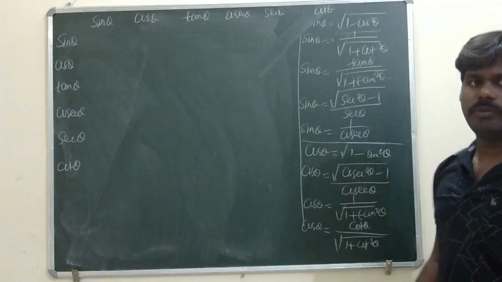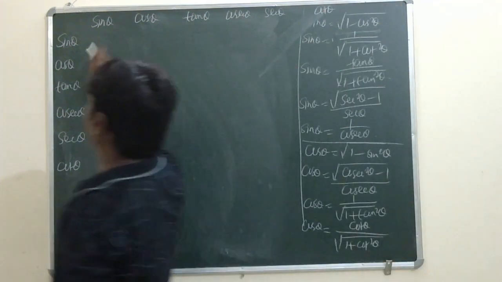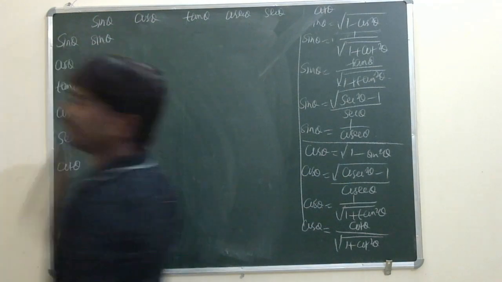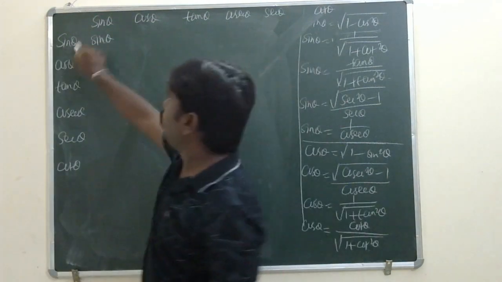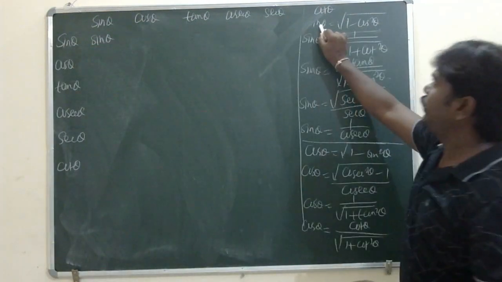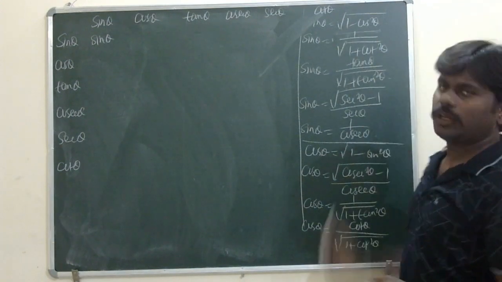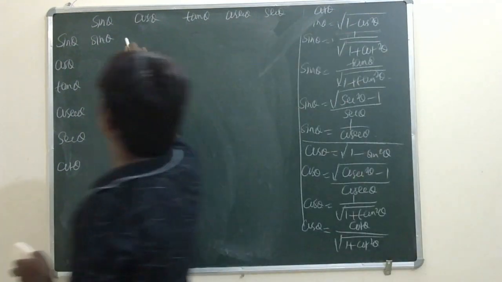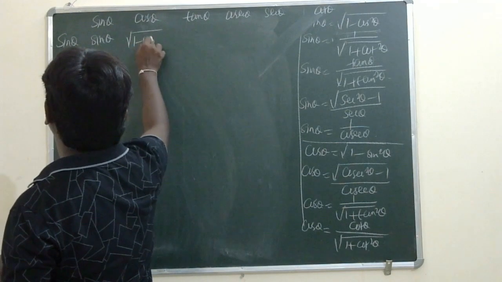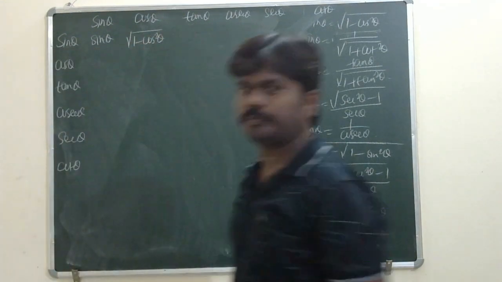Okay, so sin theta in terms of sin theta means sin theta only. Next, sin theta in terms of cos, we have found, means the square root of 1 minus cos square theta. So square root of 1 minus cos square theta.